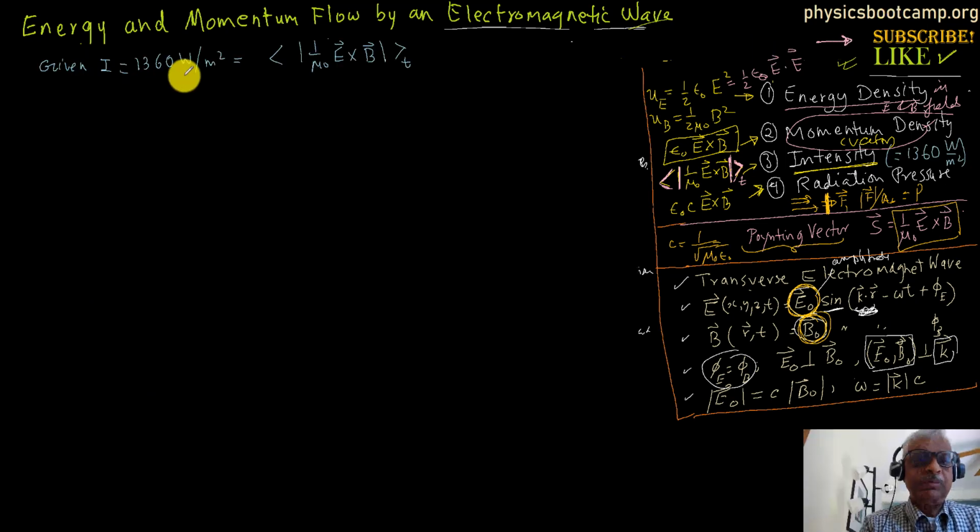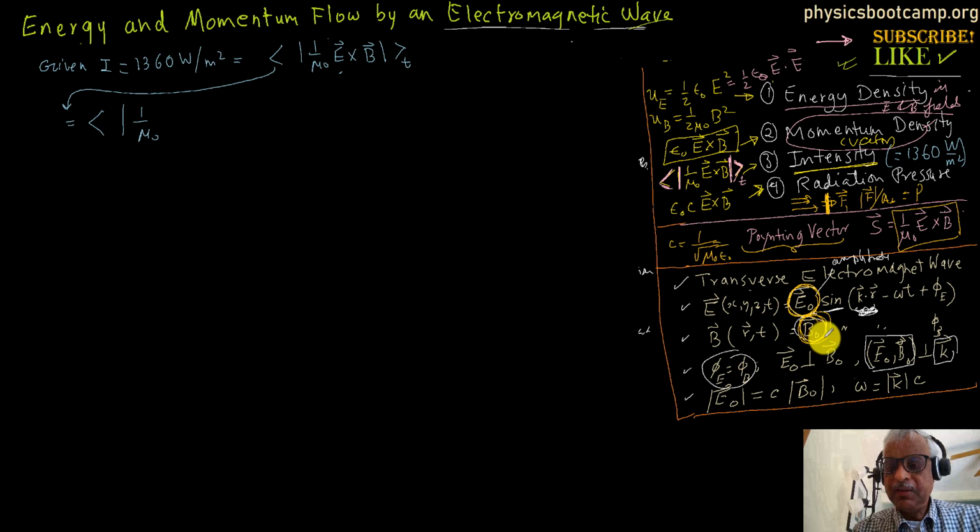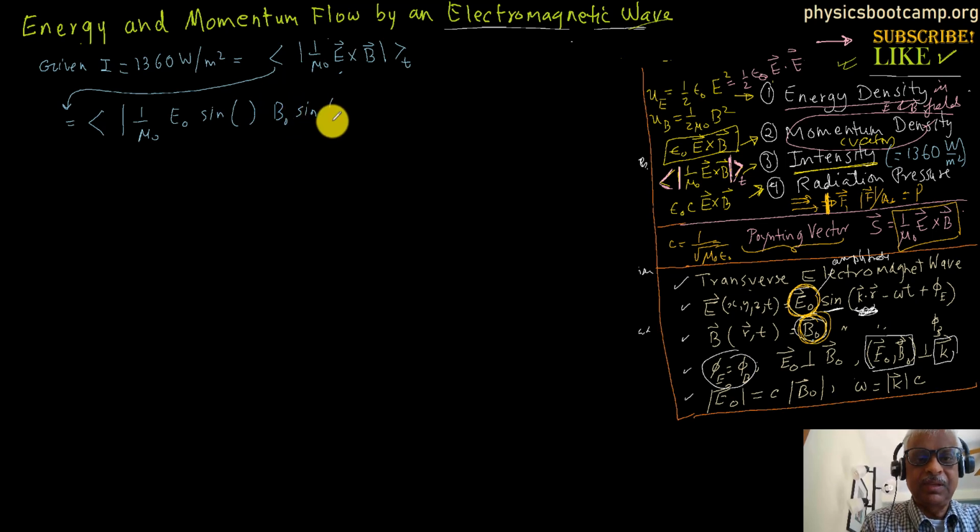Okay, so this was given, and there was a strategy. For the electric field and magnetic field, we get this. This quantity is going to be 1 over mu naught, and E cross B, since they're 90 degrees to each other, is just E0 sine of this thing times B0 sine of the same thing.